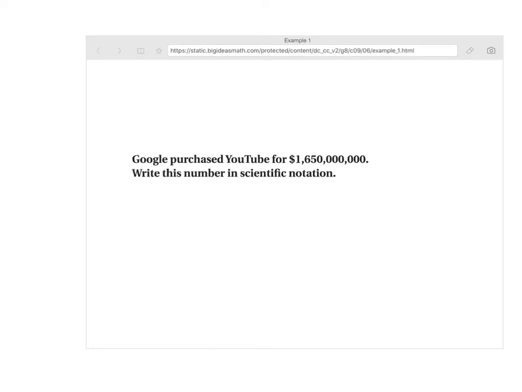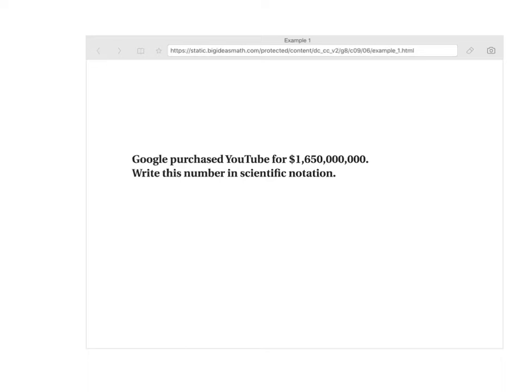All right, put this in your journals. This is example 1. Google purchased YouTube for $1,650,000,000. Write this number in scientific notation. So you see the decimal is at the very end. It's actually a period, but there's an imaginary decimal there. Which way are we going to move it? To the left. So you're going to go to the left and count it as you go. So there's 6 zeros. And you're going to go all the way to right after that 1, because you only want one number to the left of the decimal.